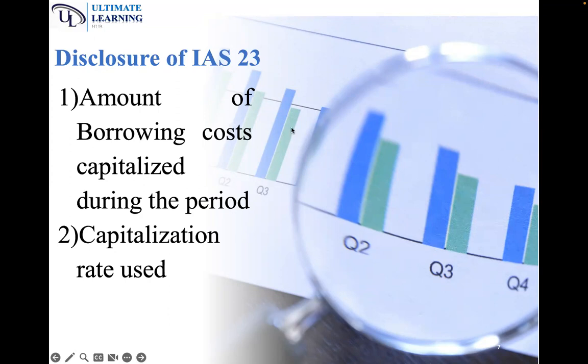Now, somebody's asking a question. Let me read it. Mugisha Gad, I think you have come late for class. What is capitalization? That is what I started with, Mugisha. Capitalization is the treatment of borrowing costs as part of the cost of an asset. Capitalization means you take the borrowing cost to the balance sheet as part of the cost of an asset.